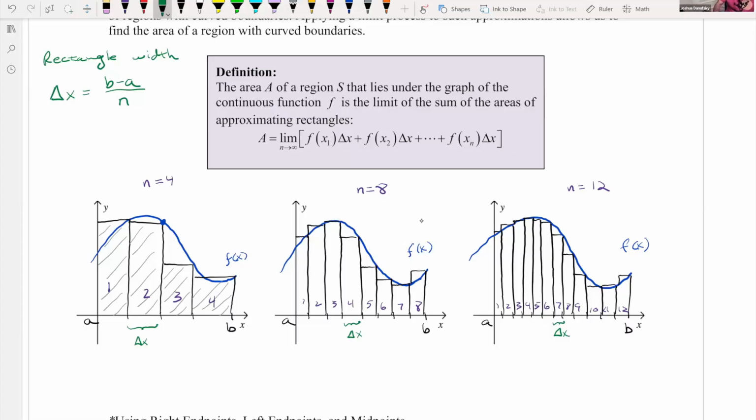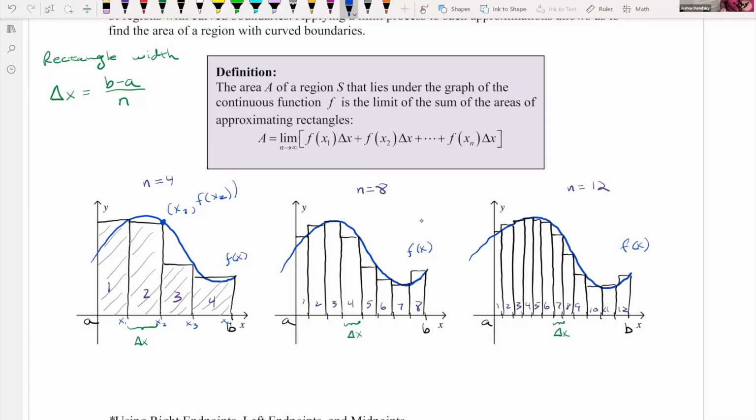From there, if we look, for example, at this first drawing, we have a point here at x sub 2, comma f of x sub 2. We might call this x sub 1, there's x sub 2, x sub 3, x sub 4. The subscript is basically saying this is the x value from the second rectangle that we're going to use to get the height of that rectangle.